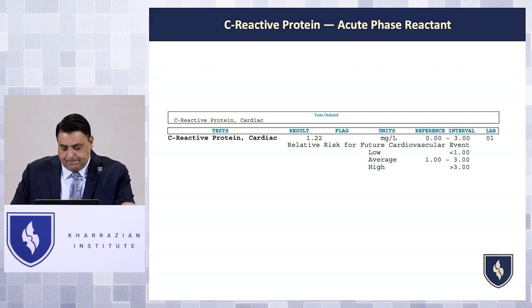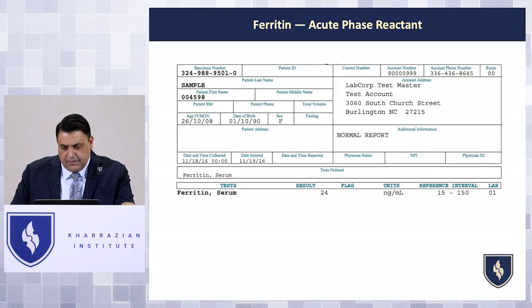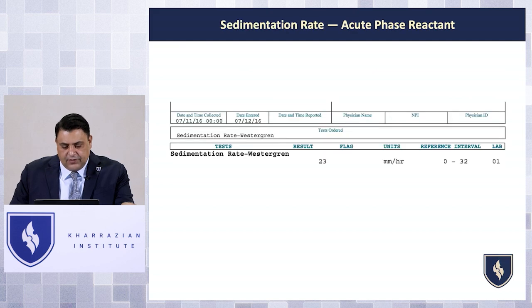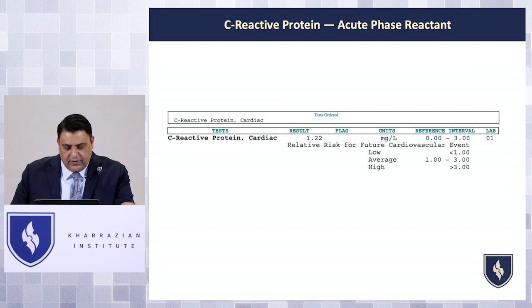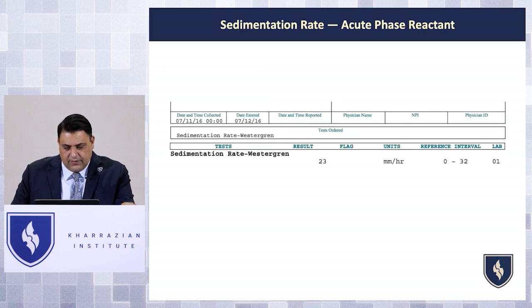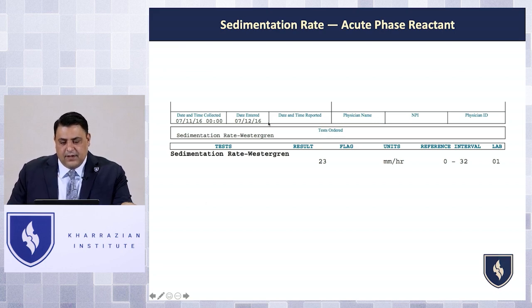And then ferritin, another acute phase reactant we talked about, that can go up when there's lots of cytokine activity. And then the sedimentation rate, ESR, can go up when there's lots of inflammation. And sometimes these labs will not catch it. You can have someone get severe inflammatory reactions and the C-reactive protein and ferritin and ESR are totally normal. But if they're high, then there's definitely something that's happening. So those are things to keep in mind.